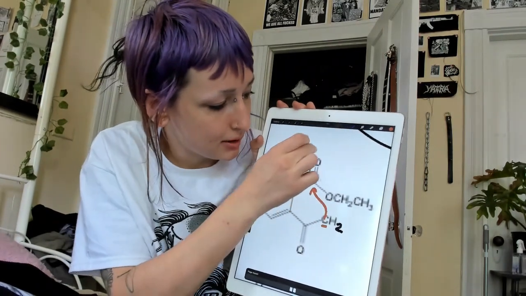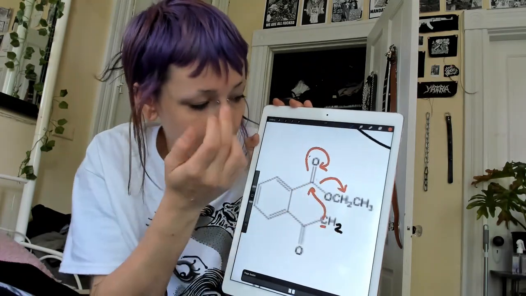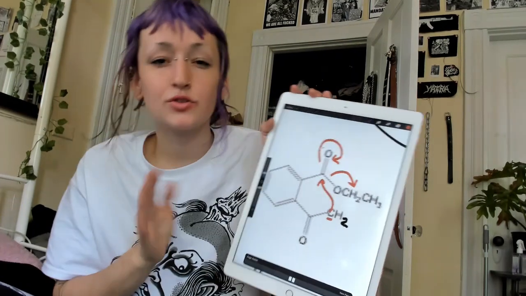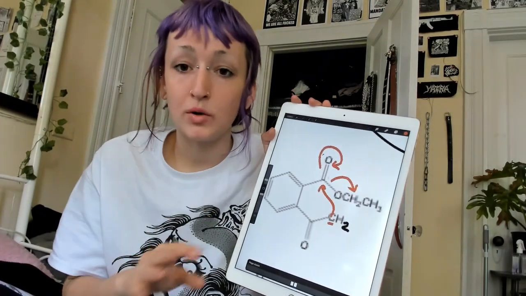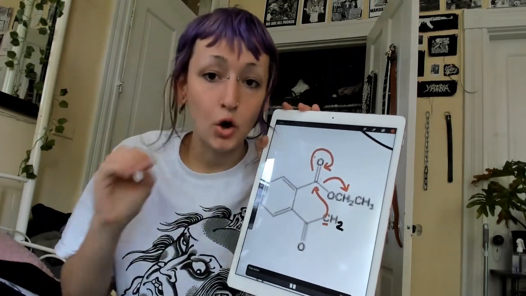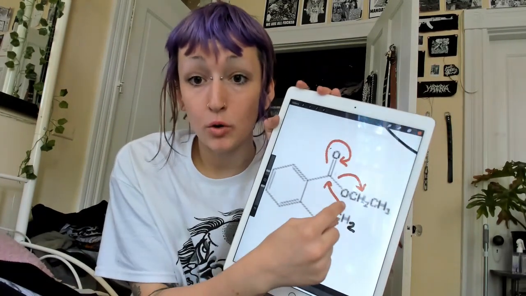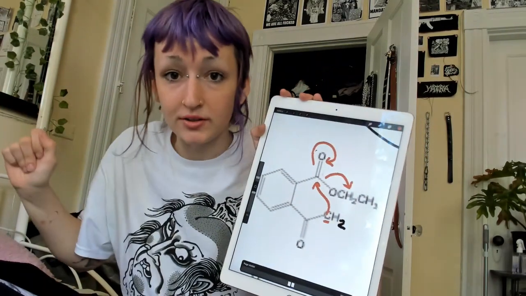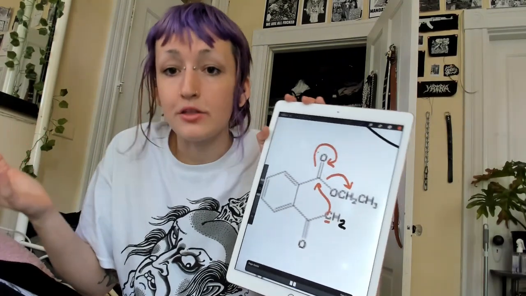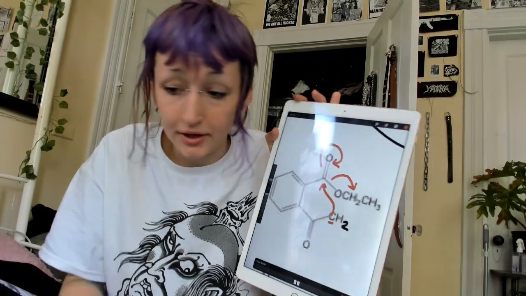This guy is going to come right back in like that, and it's going to drop off. And I'm showing this all as one step, but understand that this is kind of like 2 steps. I'm just drawing this one because we know that carbonyl is going to be reformed and that OR group is going to pop right off. Again, as it did before, the OR group leaving when it takes a proton somewhere is going to just reform the ethanol that we had, which is, again, pretty great.